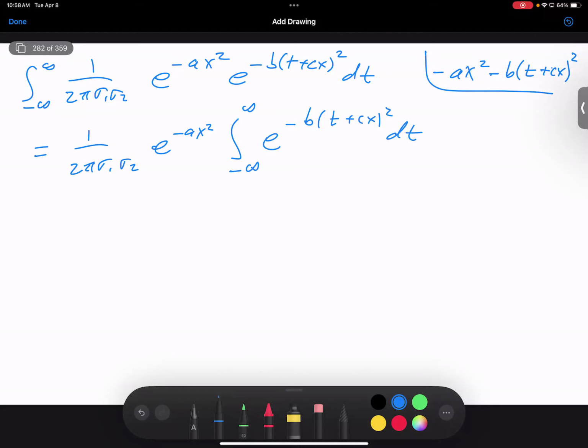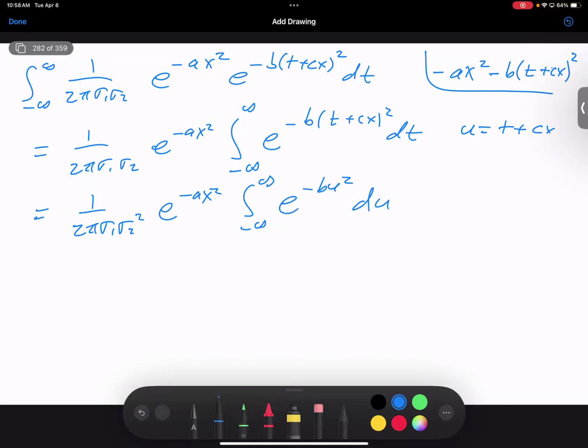But as t goes from minus infinity to infinity, I can just shift t, right? Let u equal t plus cx. So this is just 1 over 2 pi sigma 1 sigma 2 e to the minus ax squared integral from minus infinity to infinity e to the minus b u squared du. That's just a number.